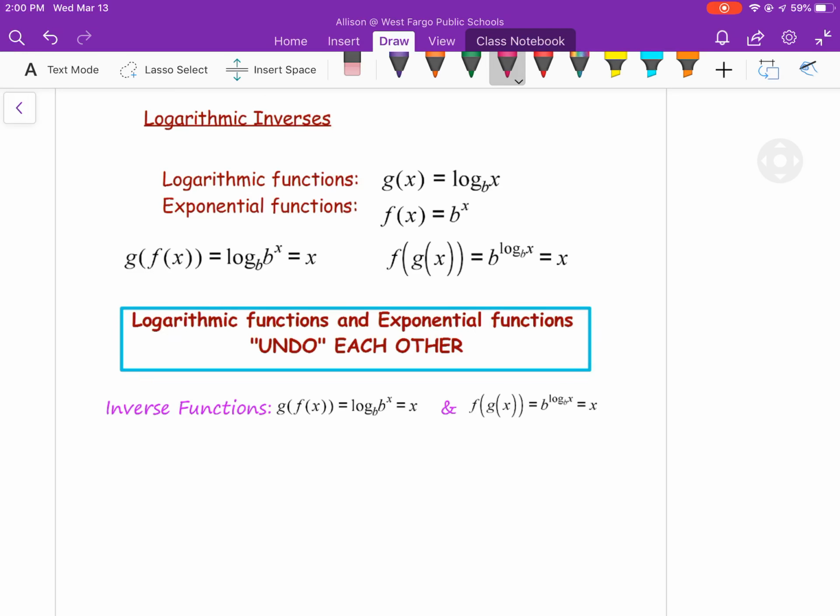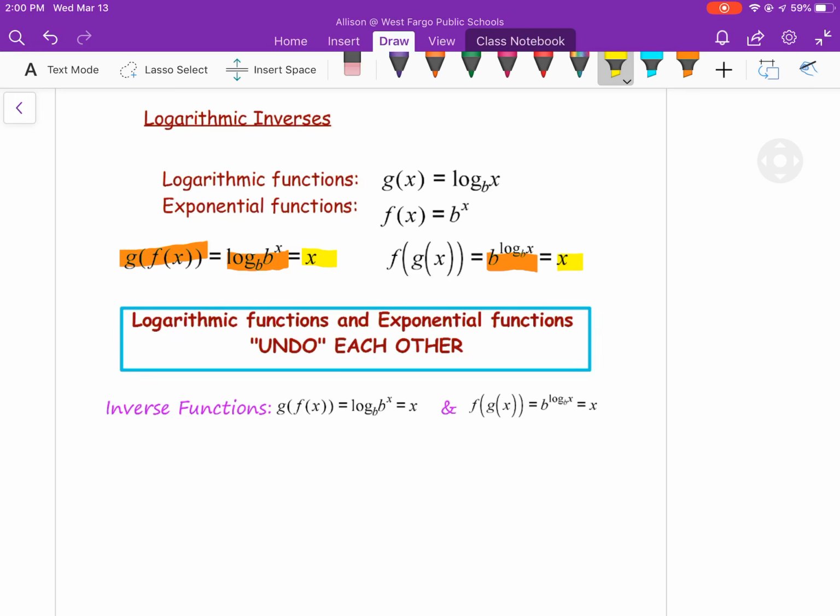So they are inverse functions of each other, which means if you start with the log and compose it with b to the x, so log base b of b to the x, it equals x. And if you do it in reverse as well, so b to the power of log base b of x, they both equal x.